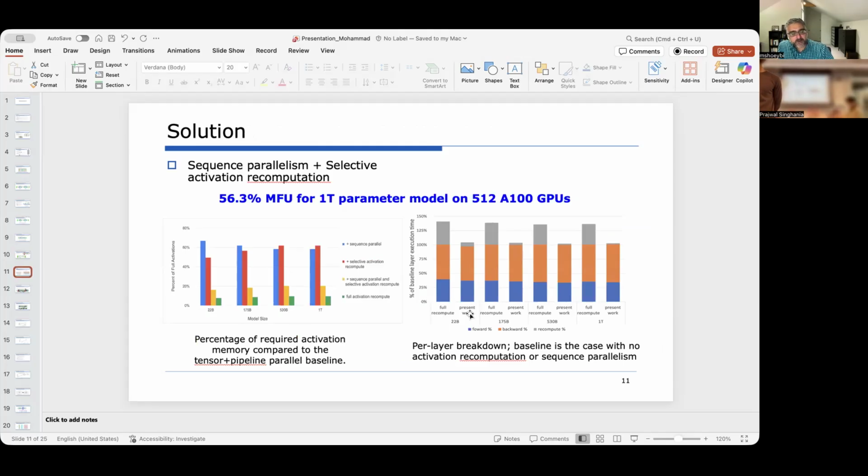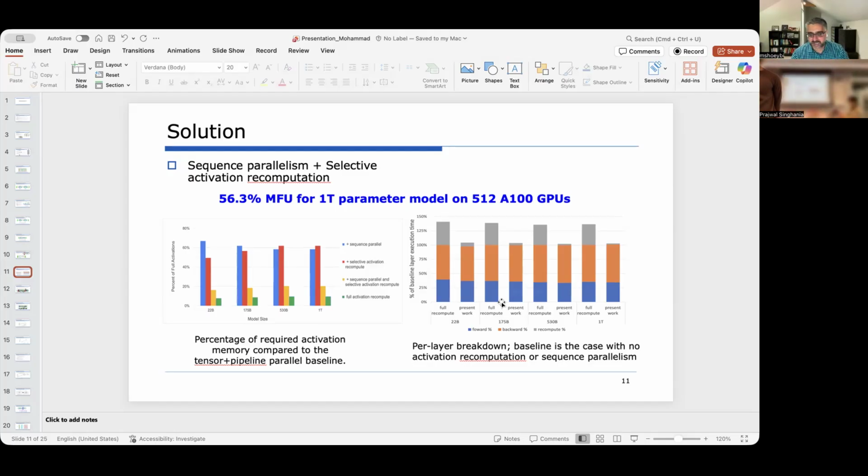Combining with something else, for those models that I showed, we don't need to do the activation recomputation, storing it and recomputing it, and we save almost a factor of 4 here. We're also getting a lot of performance as a result of not recomputing. So this was an optimization that also helped us scale better by reducing the memory that comes from the activations.